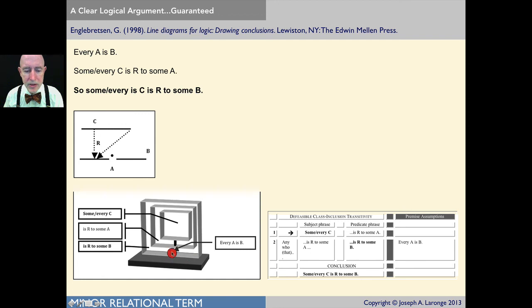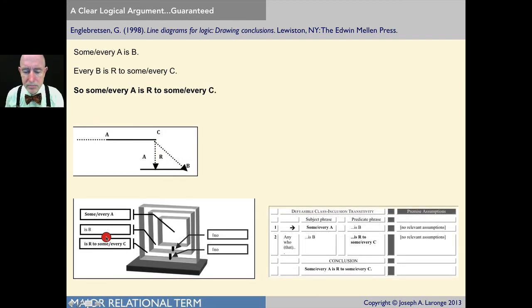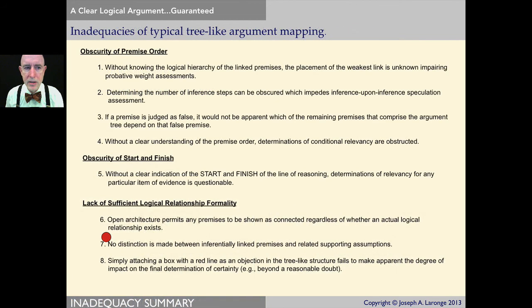And here the supporting assumption is indicated by that vertical black line holding up the is R to some A. Just wanted to go back and show you that sometimes the assumptions kick in.